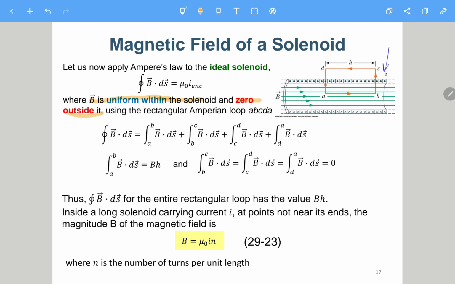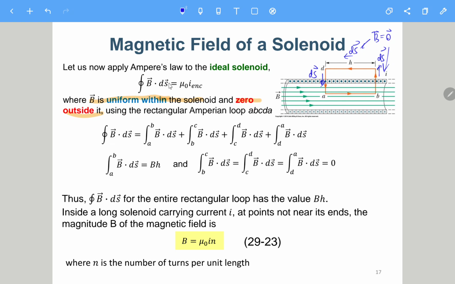This is ds here, this is ds, and this is ds. But for this part, B is 0 outside. So this is Ampere's law: the integral of B dot ds equals mu 0 I enclosed.